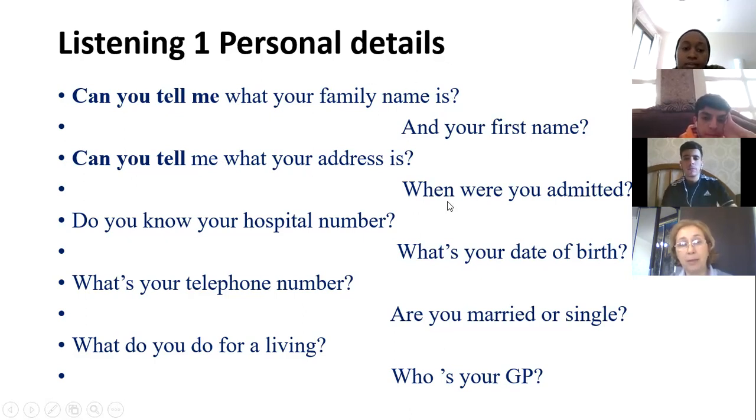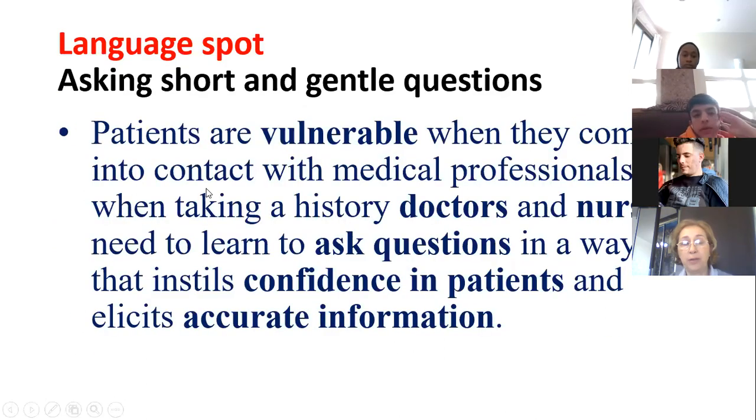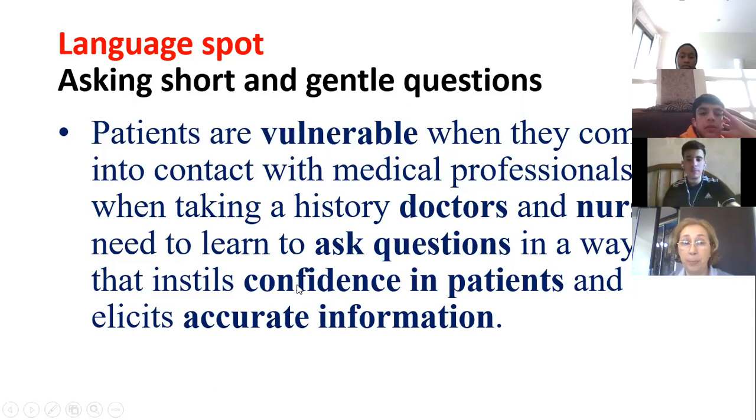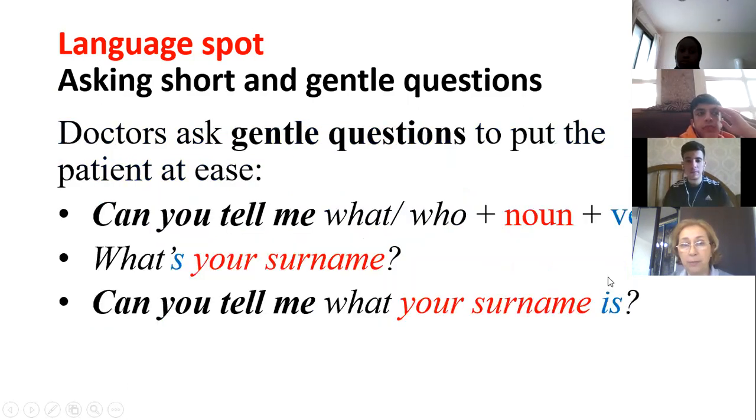These kinds of questions are so-called gentle questions, asked just to help the patient. Patients are vulnerable when they come into contact with medical professionals. So when taking a history, doctors and nurses need to learn to ask questions in a way that instills confidence in patients and elicits accurate information.